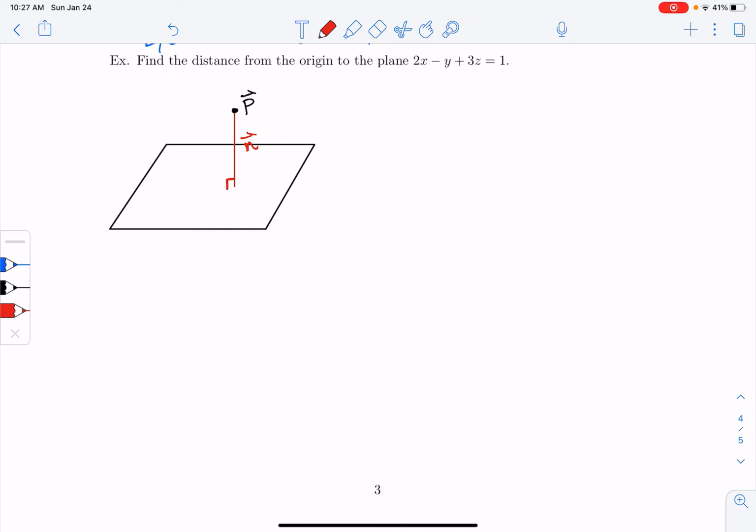Now, I don't know exactly where that point of intersection is. But if I know another arbitrary point in the plane, I'm going to call that point, say, P0, then I can draw the vector from P to P0.